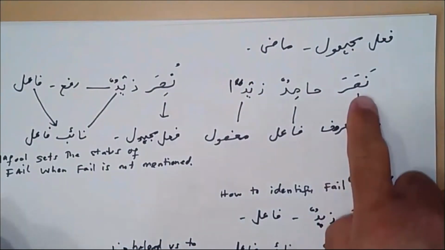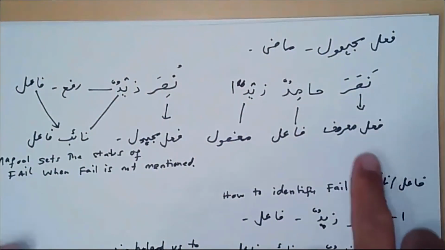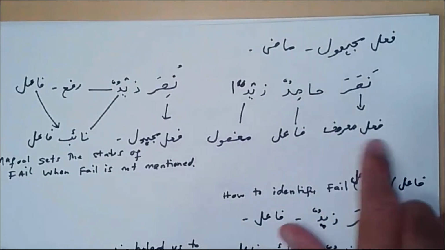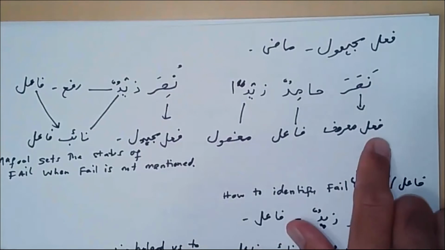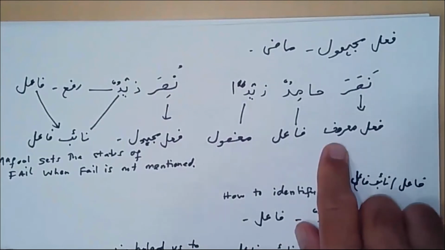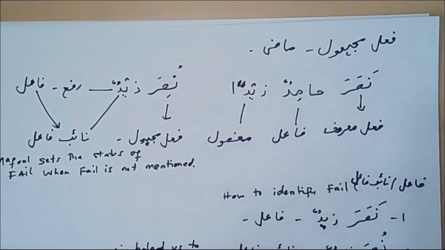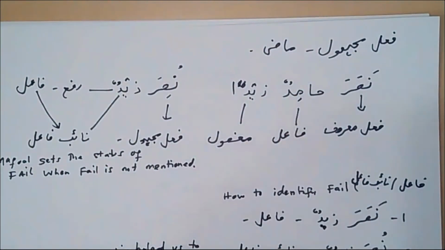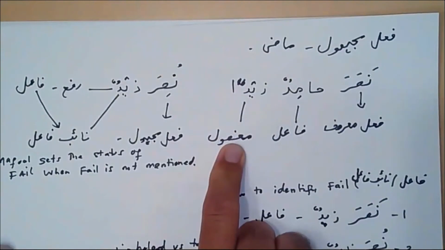So this is Nasara. Is the file known? Yes. So now we have the knowledge to say this is fi'l ma'ruf. Fi'l ma'ruf is the action where we know the file. So we know that Hamid is the file, and the maf'ul is Zaidan.